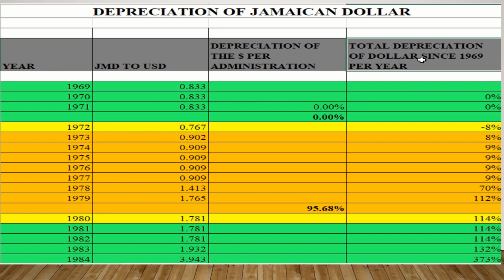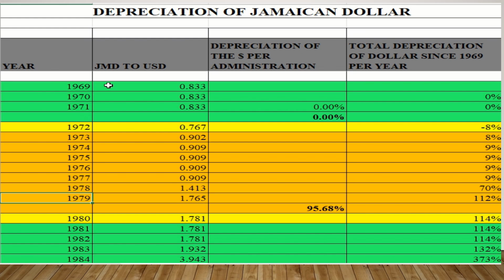So this column shows the total depreciation of the dollar since 1969 in any year you select. So for example, in 1979, the dollar depreciated 112% since its launch in 1969.